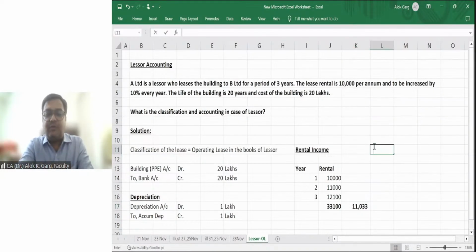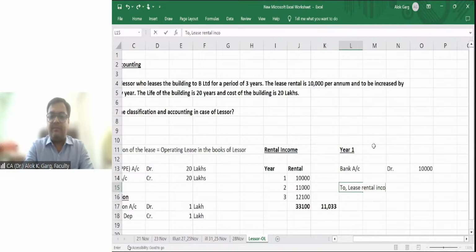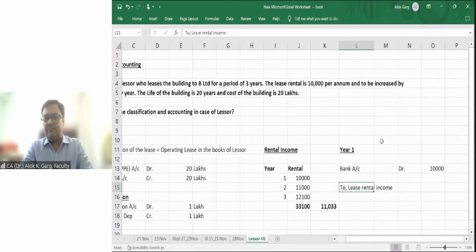What accounting will the lessor do? Year 1. Bank account debit. How much money will the lessor receive in year 1? 10,000 rupees. To lease rental income credit.